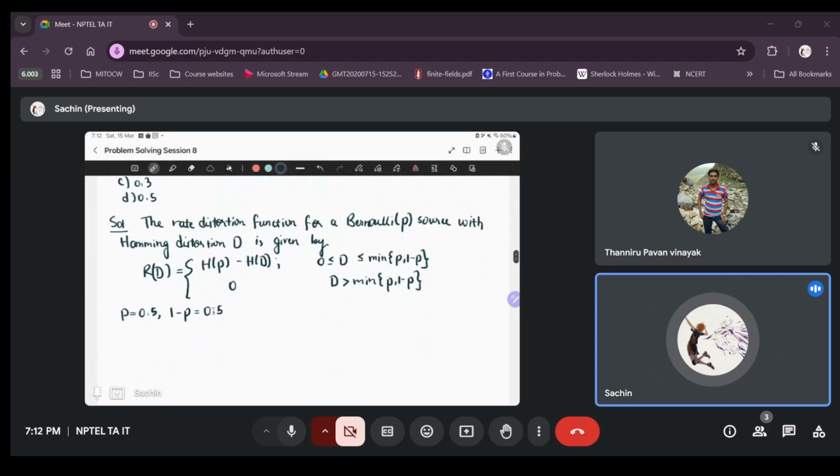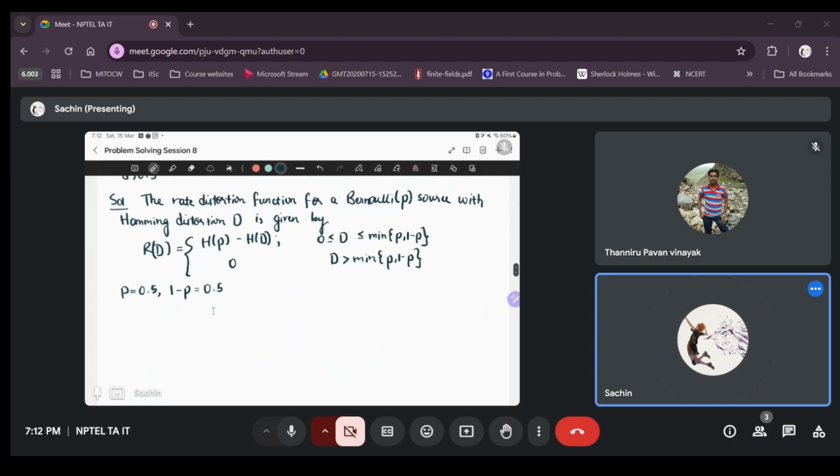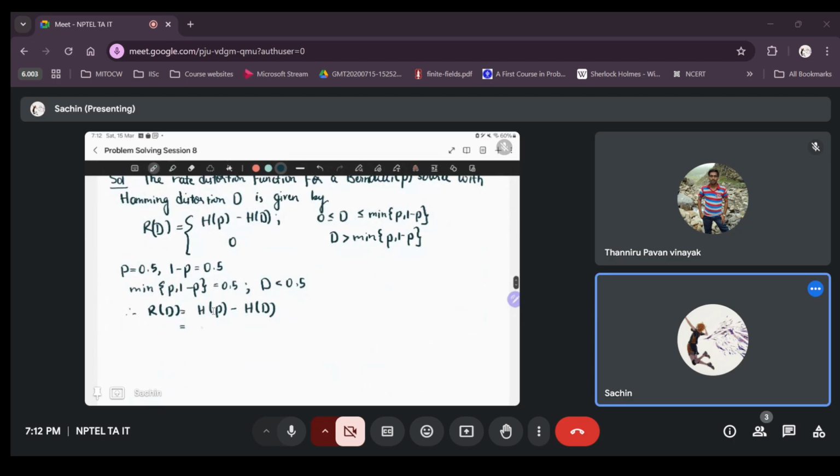So R of D is H of P minus H of D, which is equal to H of 0.5 minus H of 0.2.